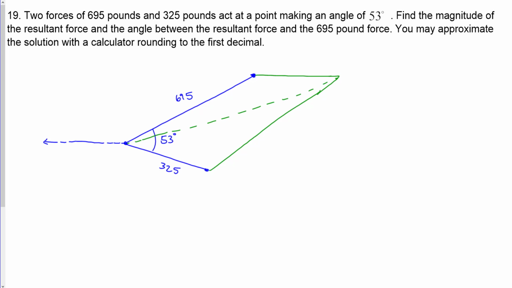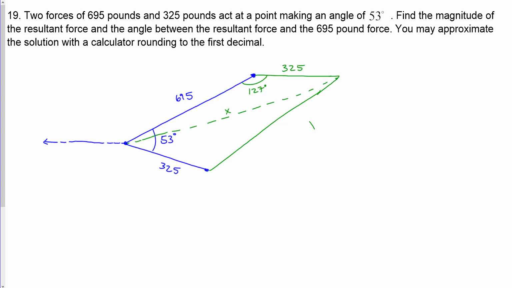I have to maneuver things. So 325 would also be this length here. And the known angle is 53, which means this one right here is 180 minus 53, which would be 127 degrees.